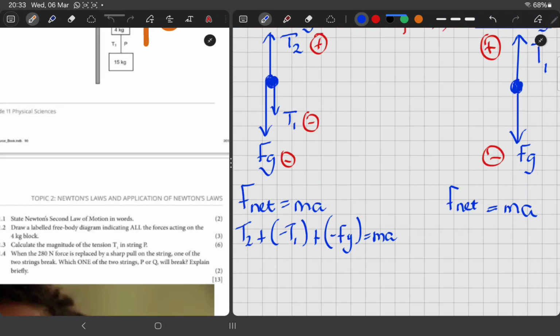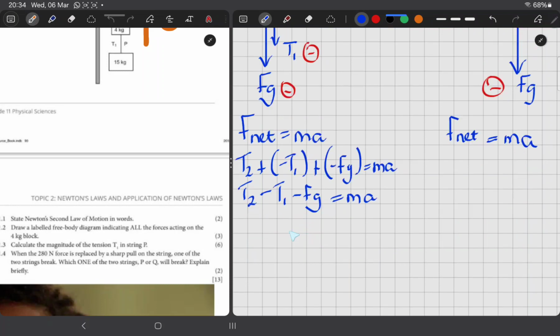So now I'll just have to sum up all the forces and include the signs, the negative and the positive. That means it will be T2 plus negative T1 plus negative FG, which will all equal to ma.